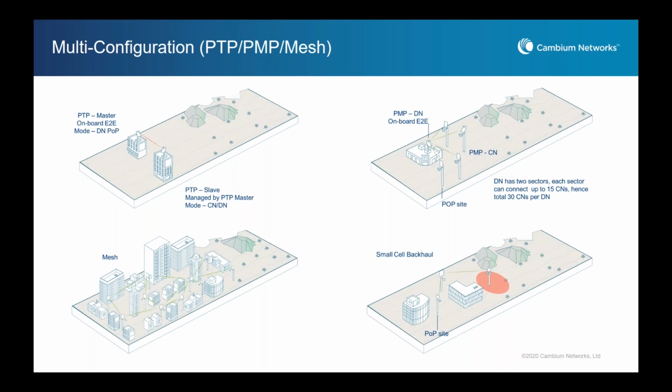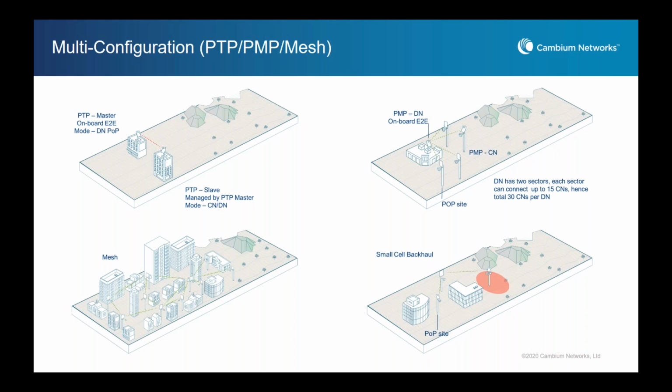In the upper right is a more traditional point-to-multipoint, where I have a hub and a variety of spokes coming off of that. And we'll talk about how that compares and contrasts to the distributed mesh, which is down in the lower left, which is the ability to take one or multiple fiber POPs, points of presence, or wireless POPs, and bring them into a distributed mesh architecture, which allows you to distribute that signal across large geographic areas.